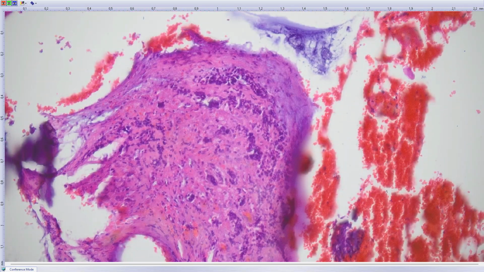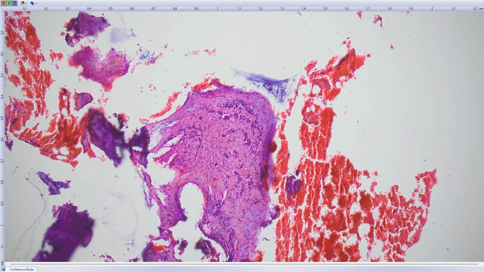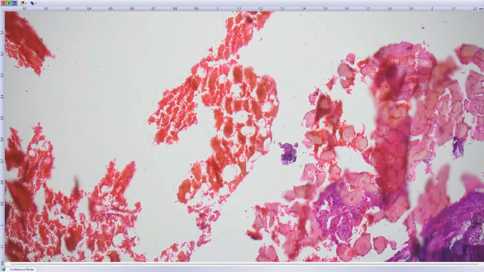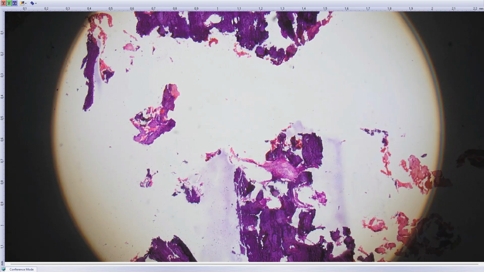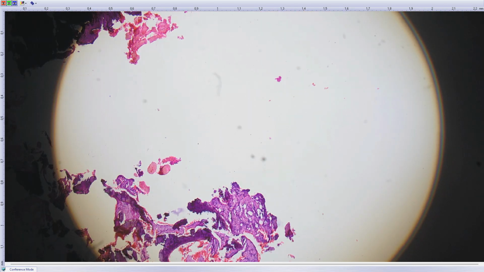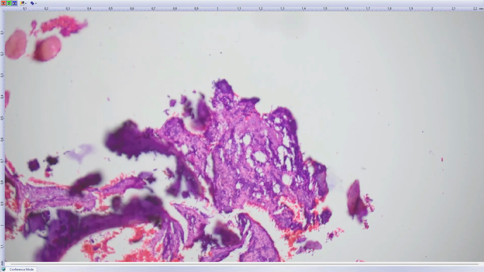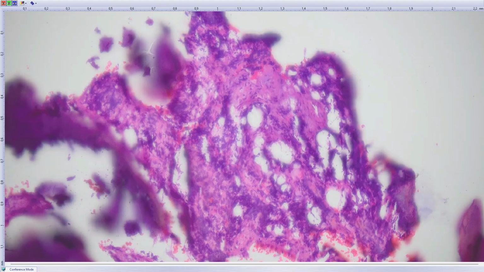But still we see relatively uniform round cells, and lymphoid markers were completely negative. There was some more tissue, I believe, something a little better. But again, crushed.